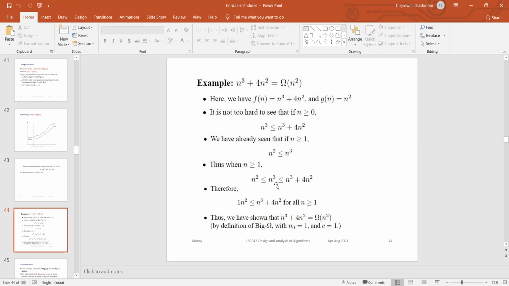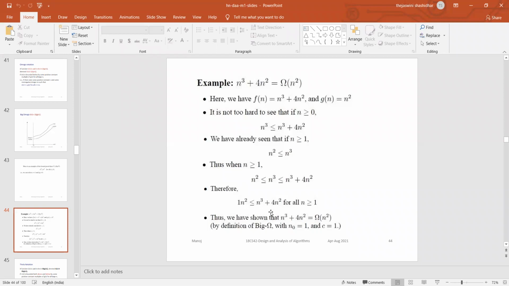This is n square, this is n cube. So you will be writing n square as well as n cube here. Now you compare these two. This is also n cube, this is also n cube. No need of writing n cube again. So leave one n cube here, just write 4n square. What is the order you are getting here? N square is the first order, next you are getting n cube.